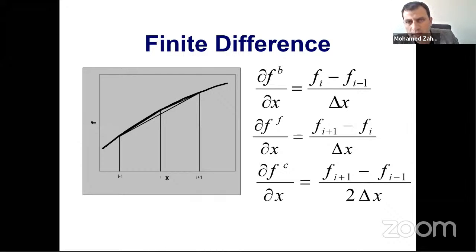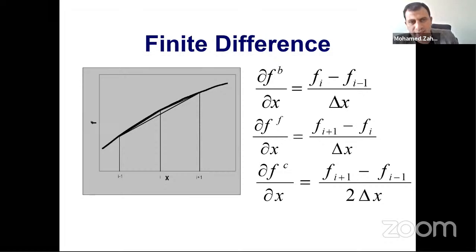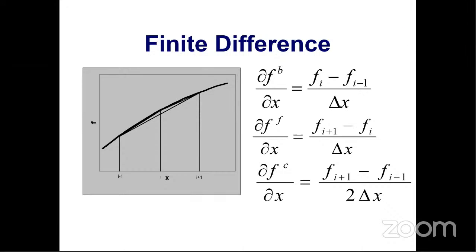Whenever you get the derivative of 2x with x, the derivative of 2x is 2, for example. If you have x squared and you are getting the derivative in the x direction, it will be, for example, 2x.